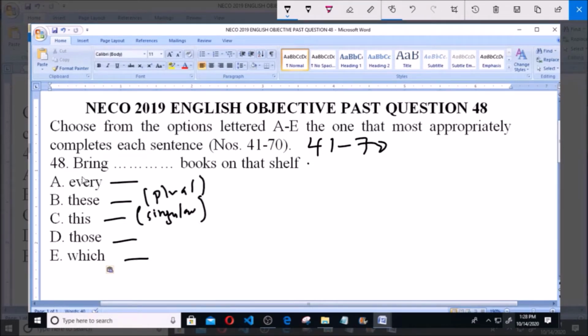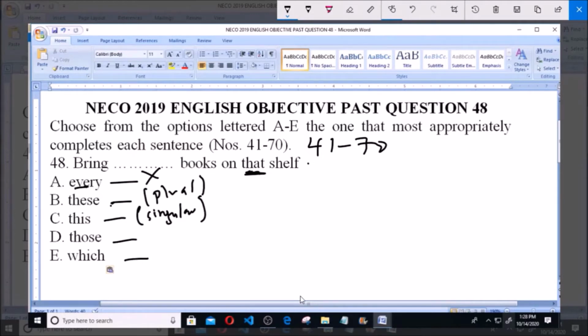So we cannot say "bring every books", because the determiner every goes with a singular noun, so every cannot function in this expression. So every is wrong. Then option B, bring these books on that shelf. We cannot choose this plural, option B, to fit in this expression grammatically because the expression entails a demonstrative pronoun that.